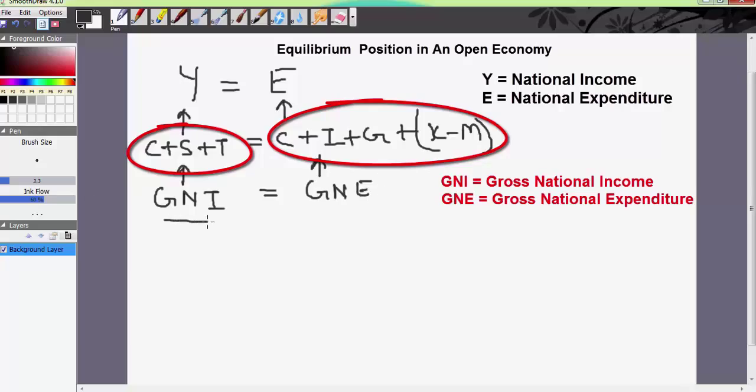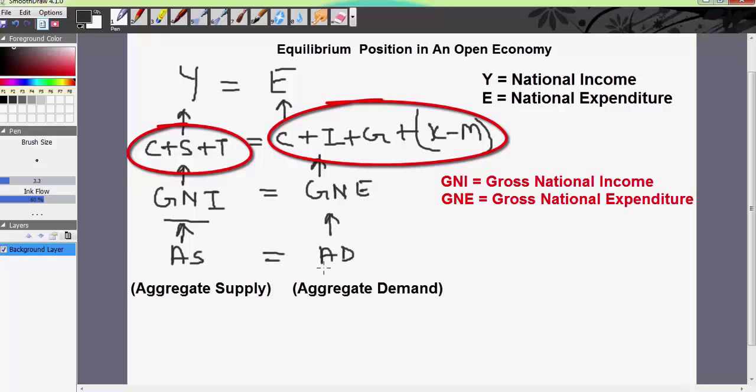Now this gross national income gives the aggregate supply, and the gross national expenditure is equal to the aggregate demand. So finally, like other models, we again reach an equilibrium position under the four sector model also, where our aggregate supply is equal to aggregate demand. I suppose this is very easy and it must be clear.